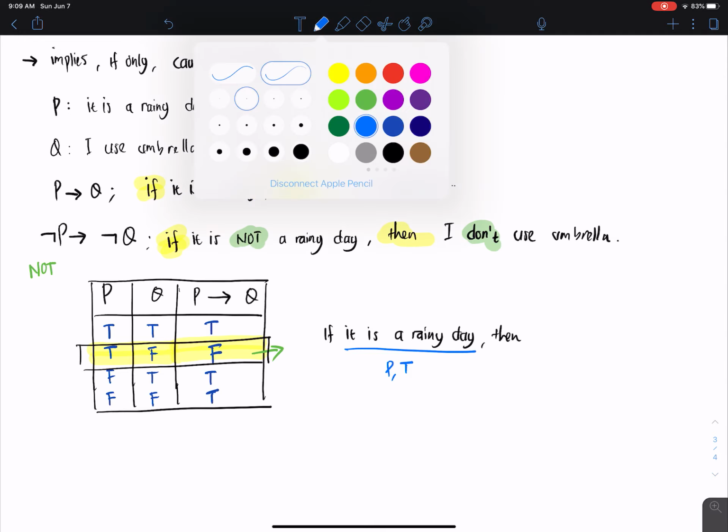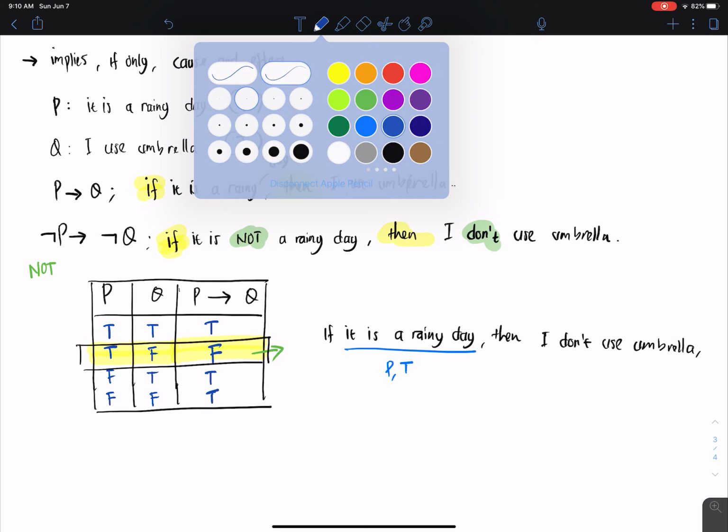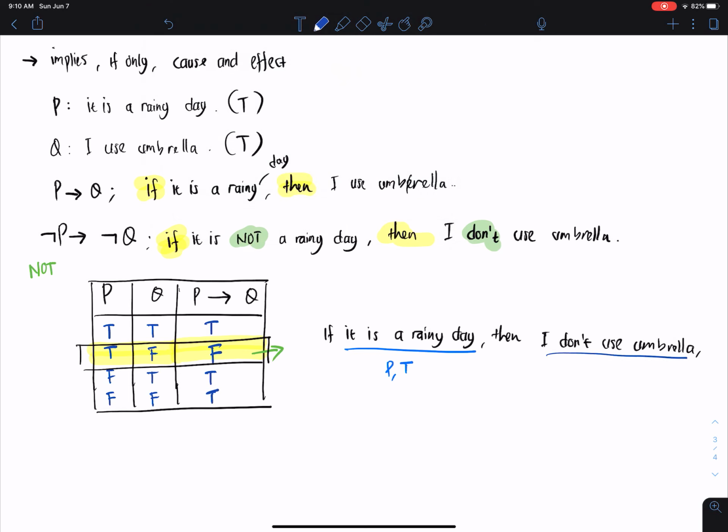Then we will say, then I'm not use umbrella. So we know that this is not Q and it is false.